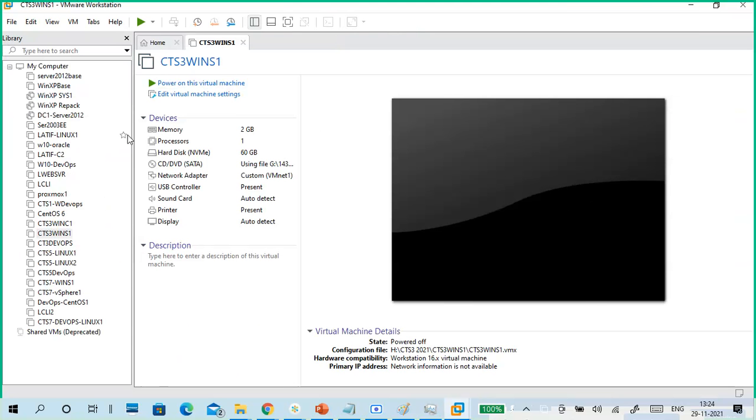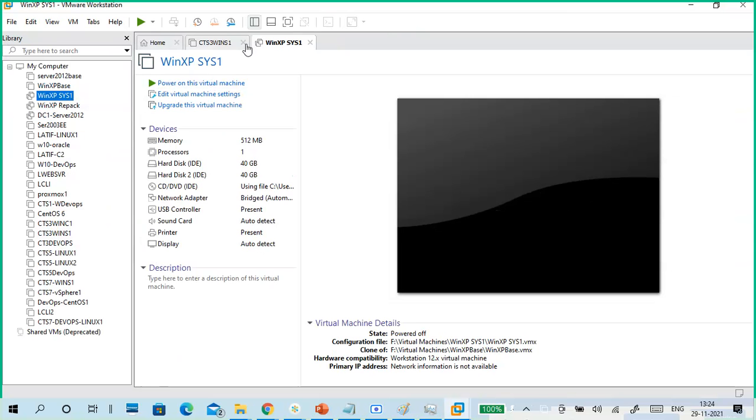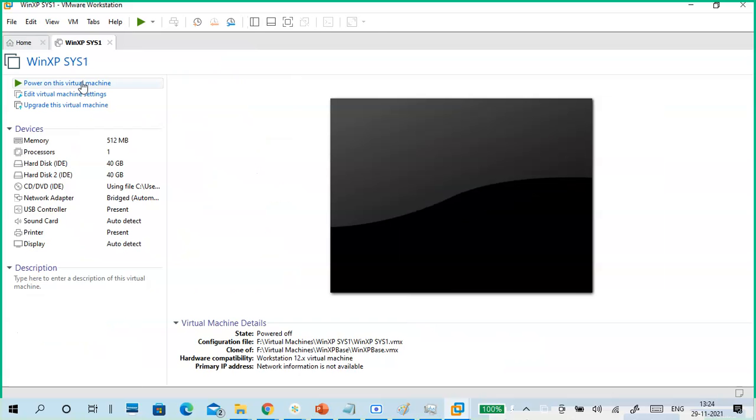Okay, so I will go to a very small computer, like XP only. It also boots very fast, but I will try to go to just a power on.